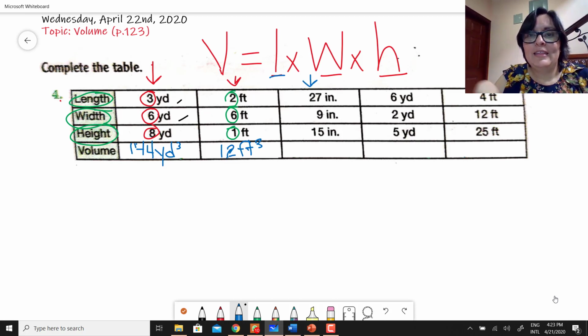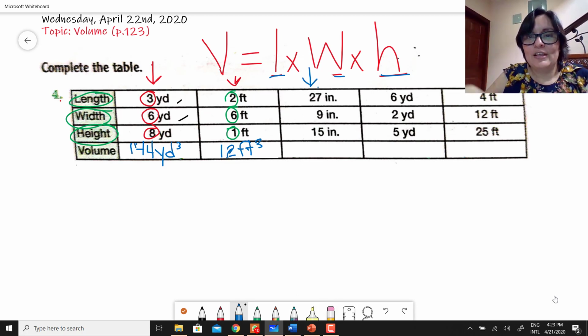So, length times width times height. 27 times 9 times 15. Here we cannot do it immediately. We have to do it step by step. So we are going to multiply first because we don't know the timetable of 27.